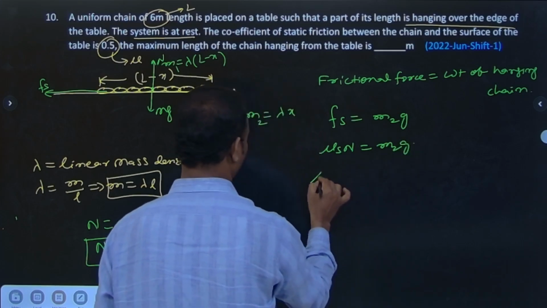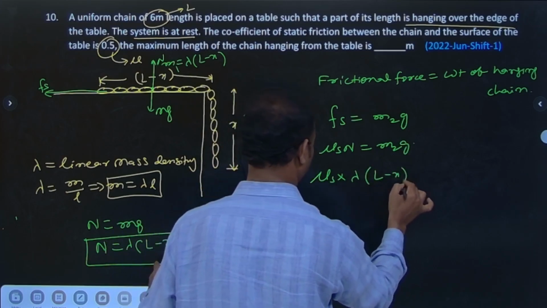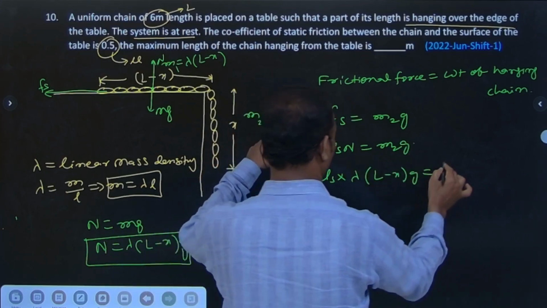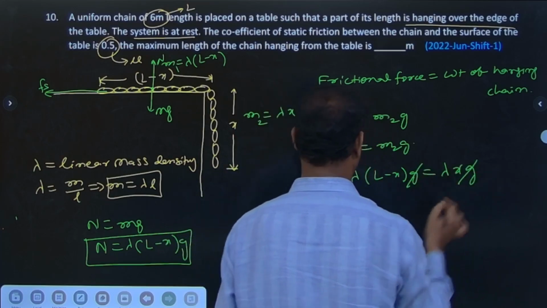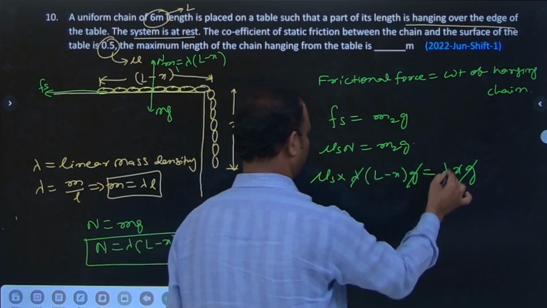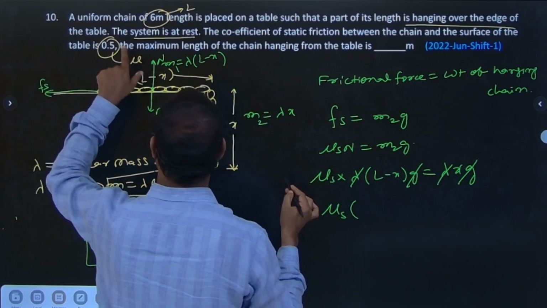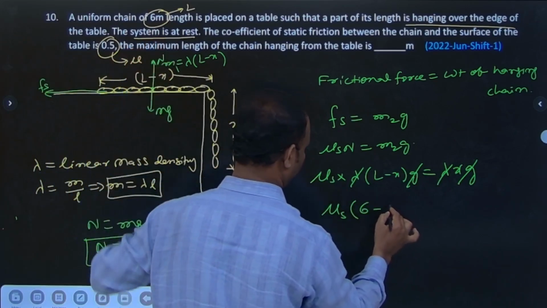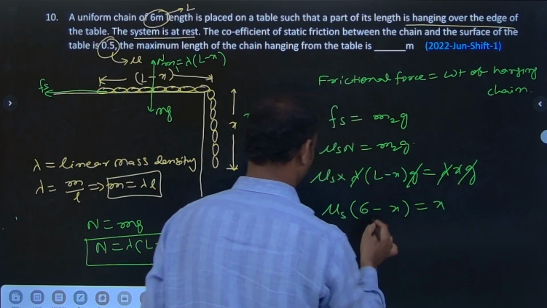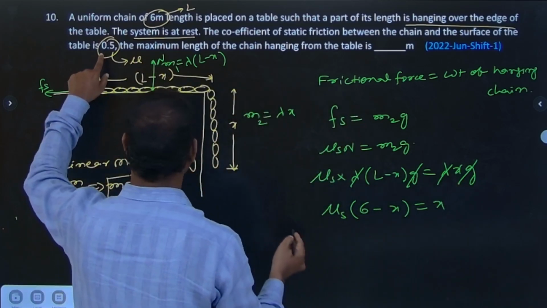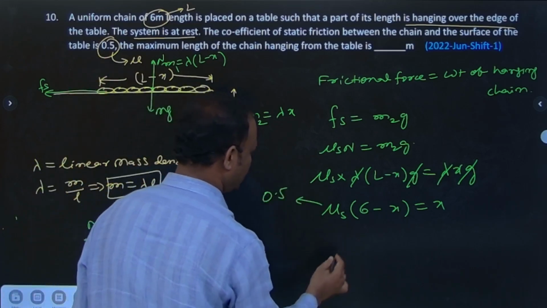So mu s into N, where N is lambda times L minus x into g, is equal to m2 g, which is lambda into x into g. G and g cancel, lambda also cancels. So mu s into L minus x equals x, with L equal to 6 and mu s equal to 0.5, which is 1 by 2.